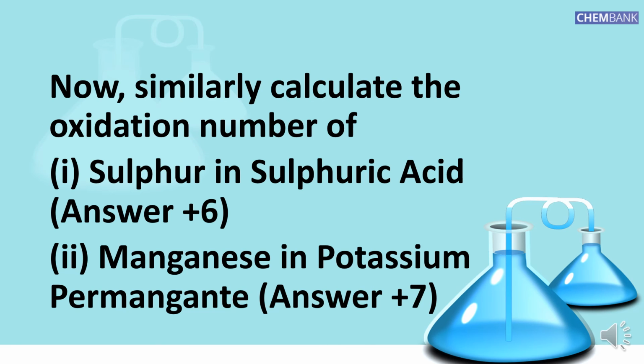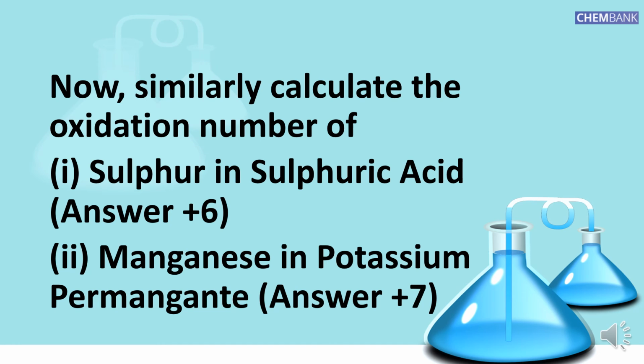Now similarly, try and calculate the oxidation number of sulfur in sulfuric acid yourself. Sulfuric acid is H2SO4. So take hydrogen as +1, take oxygen as -2, and find out the oxidation number of sulfur in sulfuric acid. Upon solving, you will get the oxidation number of sulfur in sulfuric acid as +6.